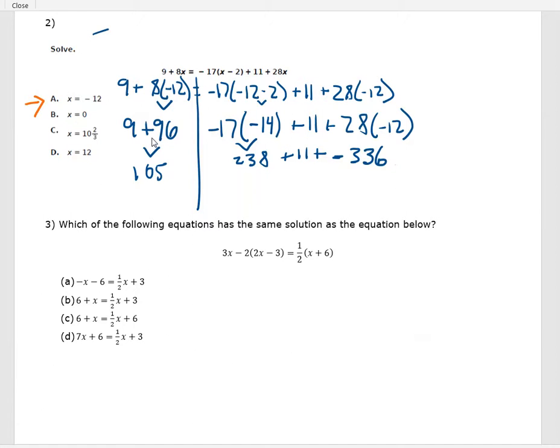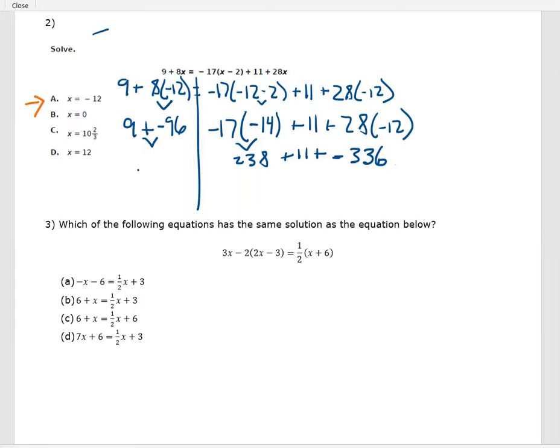All right, I just paused the video because I realized I made a mistake. Here I did 8 times negative 12 is 96, and I should have ended up with negative 96.